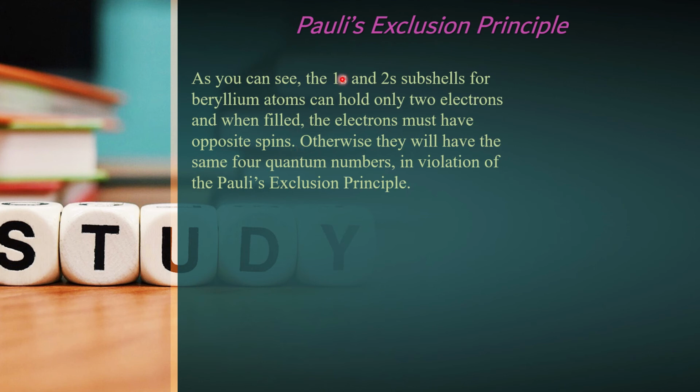So in the 1s orbital there are 2 electrons, and in the 2s orbital there are also 2 electrons, and these 2 electrons have opposite spin. If their spin is in the same direction, then they will have the same 4 quantum numbers. That will be a violation of Pauli's exclusion principle. That is impossible.